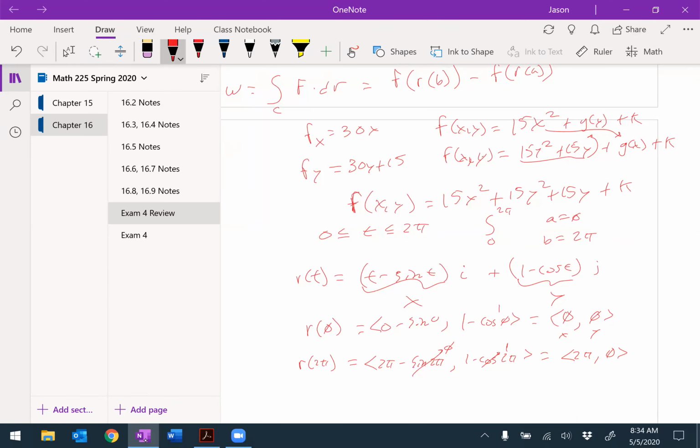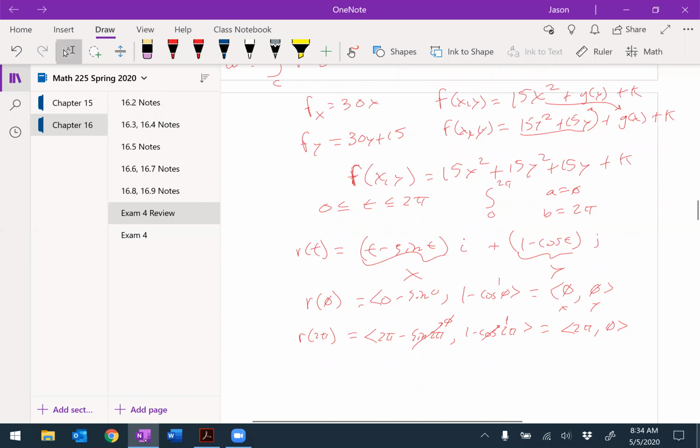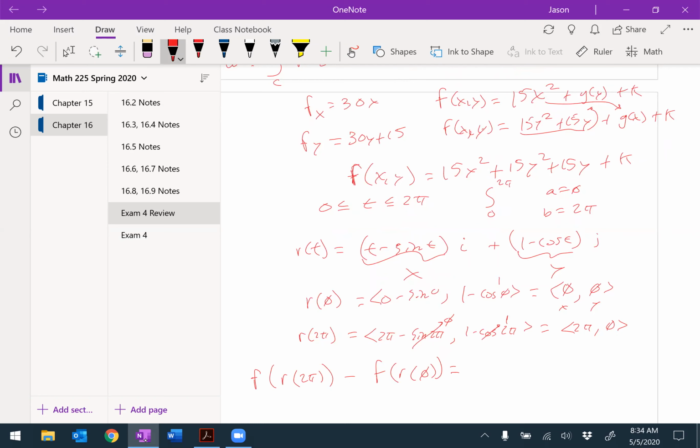Okay. So now we can go up here and evaluate our function. f of r of 2 pi minus f of r of 0 is equal to, with x as 2 pi and y as 0, plugging into my parent function, 15 times 2 pi squared plus 15 times 0 squared plus 15 times 0, the y's are always 0 in this case, plus k, minus, what's r of 0?